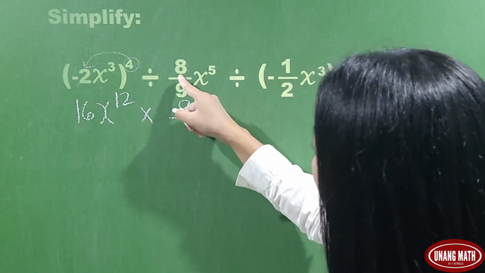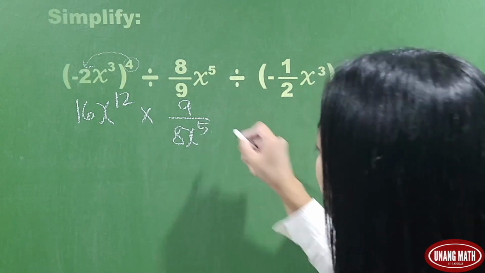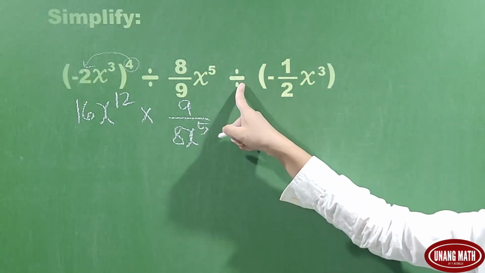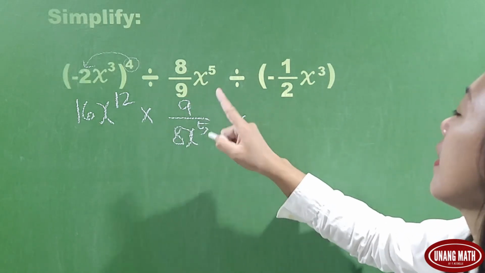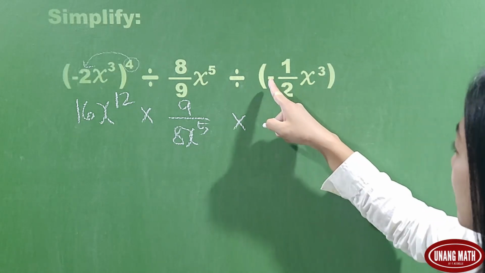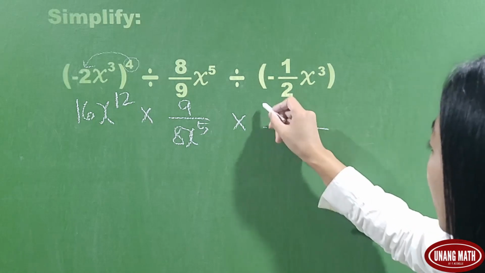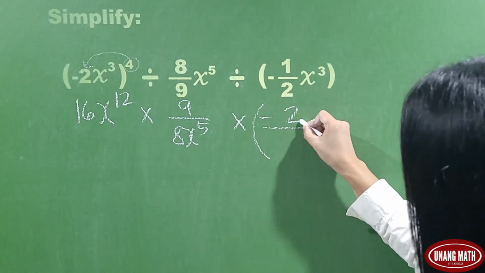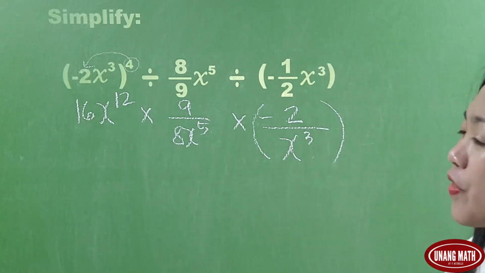This is 9 over 8x raised to the power of 5. Division turns to multiplication. We will also multiply this expression by the reciprocal of this expression. So this is negative x raised to the power of 3 over 2. So the reciprocal is negative 2 over x raised to the power of 3.